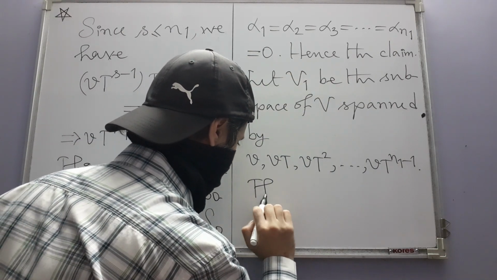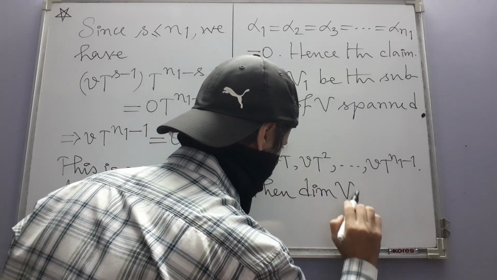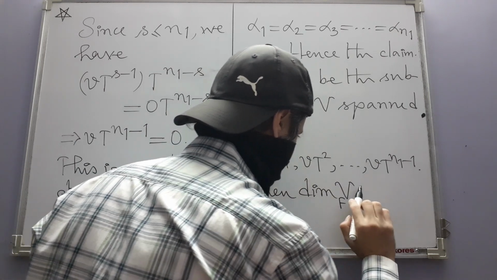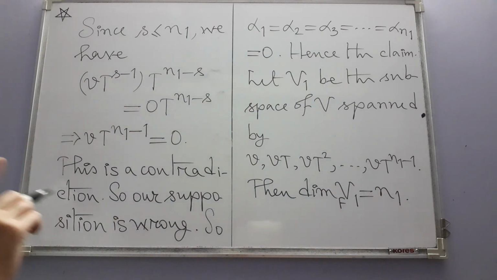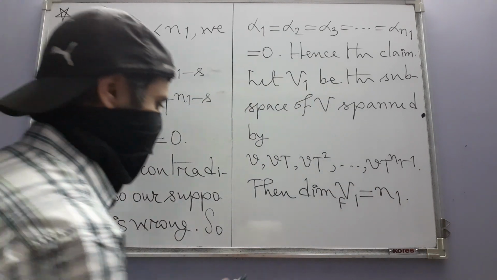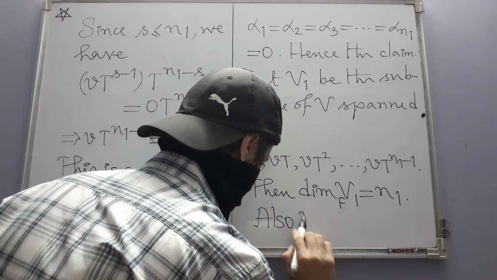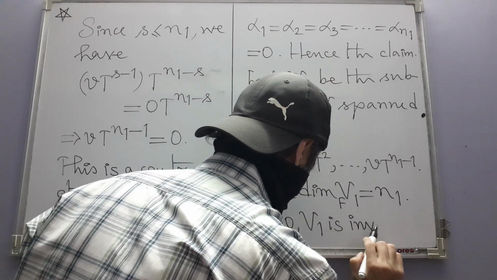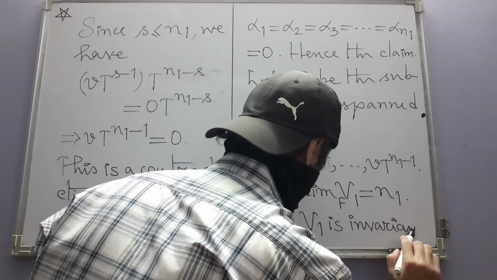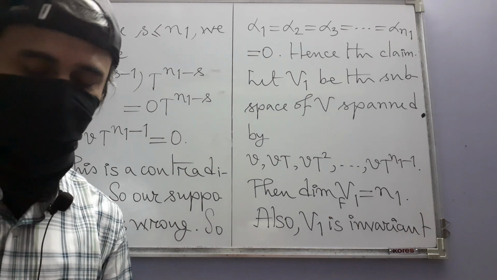Then the dimension of V1 over F is n1. Also, there is something else about this subspace. V1 is invariant under T. But how?